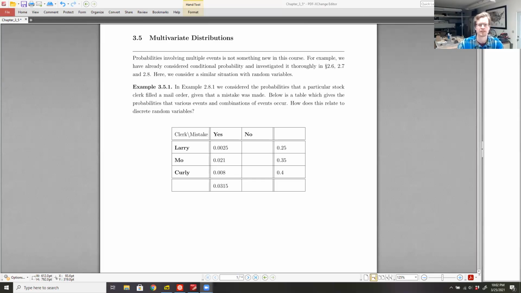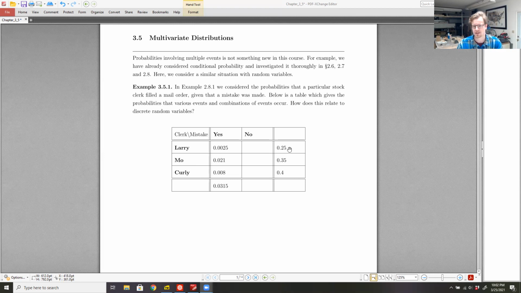So back in section 2.8, we talked about clerks that fill an order at a mail order house. Clerks work there, fill the orders. Excellent. So they're Larry, Moe, and Curly filling orders, and they make mistakes sometimes.